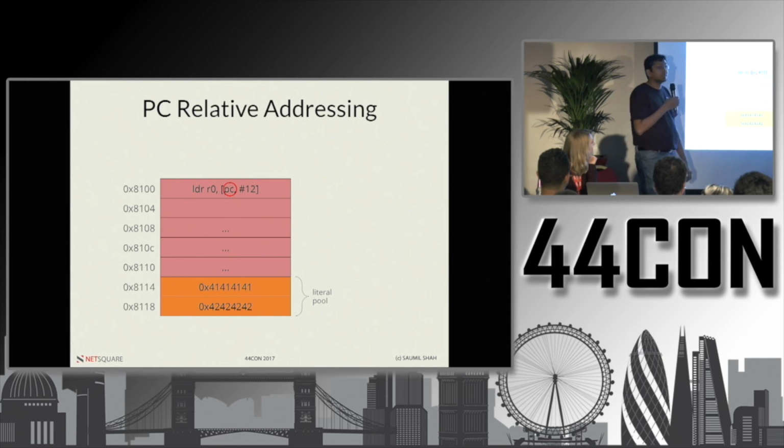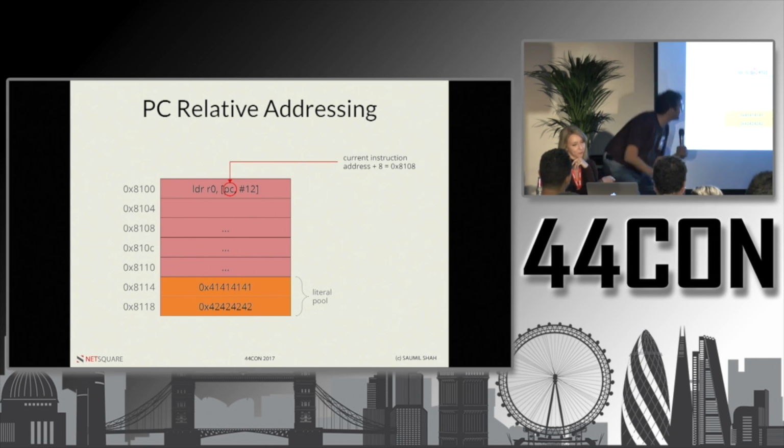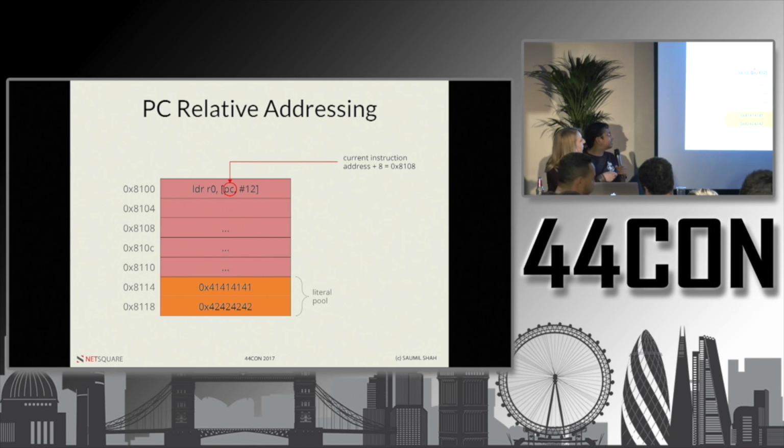Since the PC is not really where the PC should point to, we always have to start calculating from the current instruction plus 8. So we count instruction plus 8, and then 4, 8, 12, and we land here.